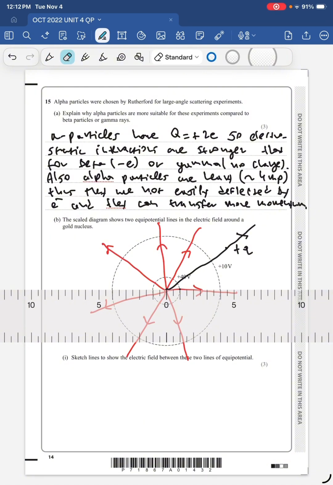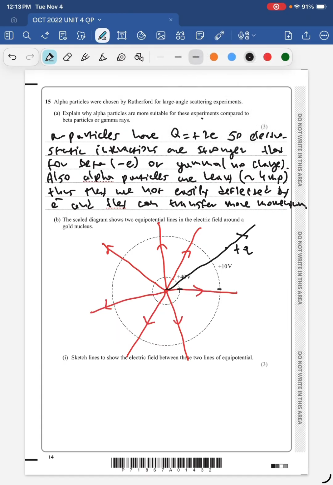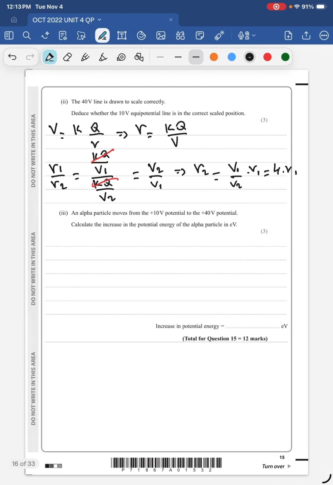Let's erase this. I don't know why I cannot draw. So that's 1 centimeter and this is 4 centimeters. So that actually works. Okay, let's go back. How do we get rid of the ruler now? Okay. All right. So yes, it works, up to scale.